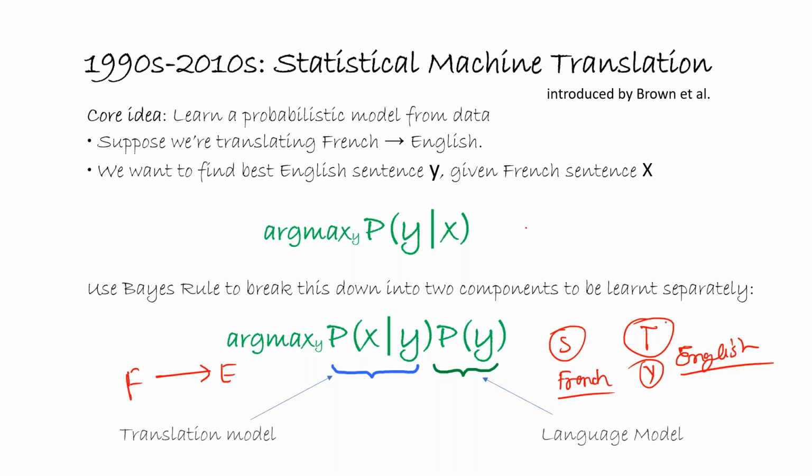We get the probability of y given x. A sentence is given, and based on that we predict the next sentence, or the next word for translation.